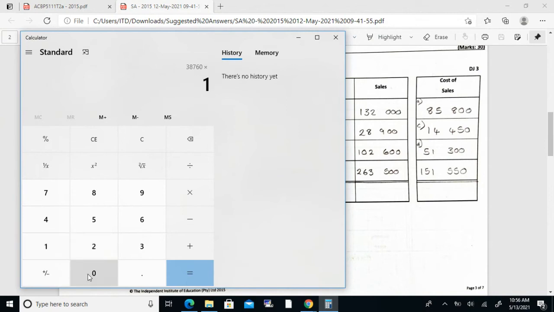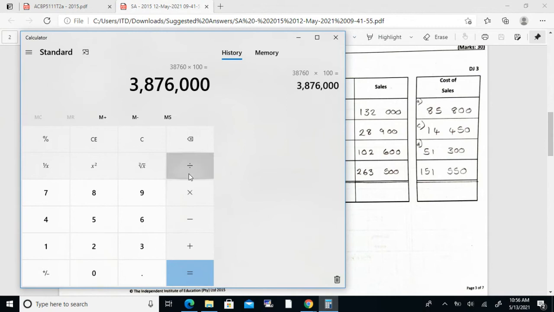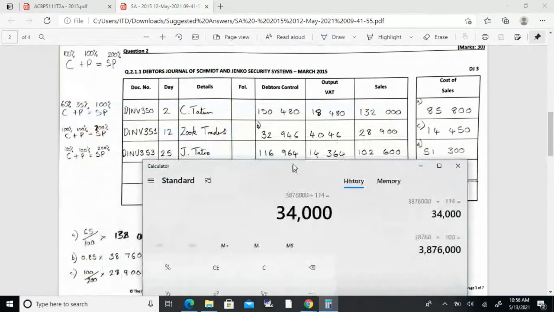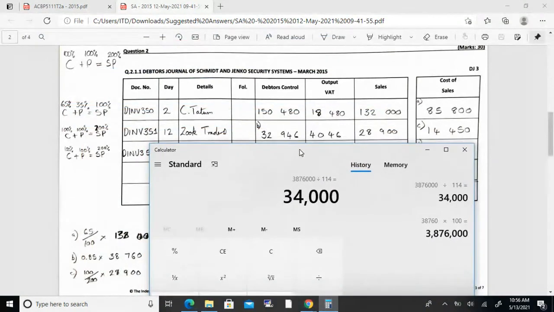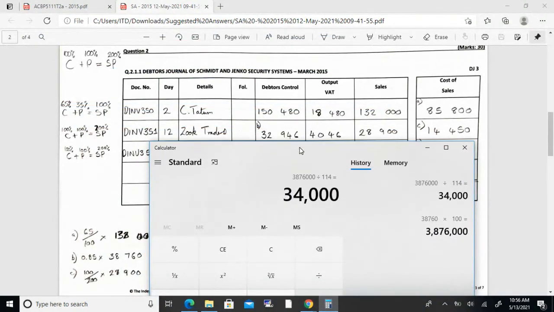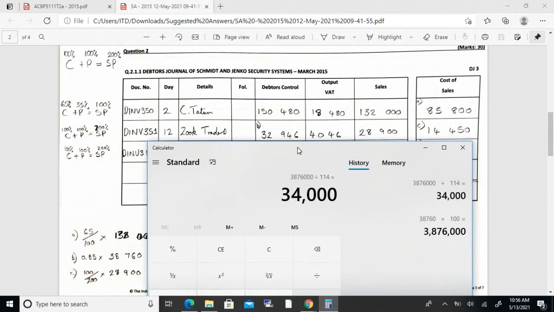So we say 100 times 100. We want the VAT exclusive amount, then divided by 114, because what we have is the VAT inclusive. We get 34,000.